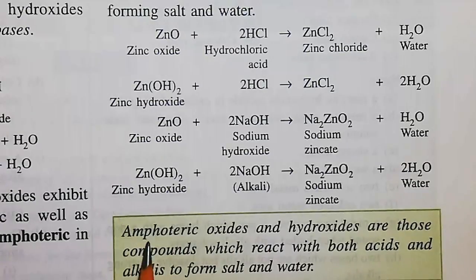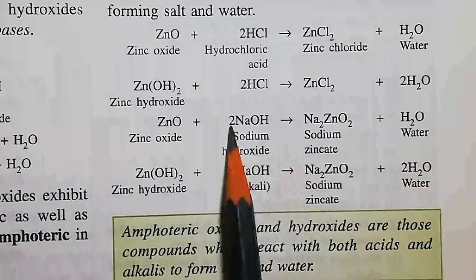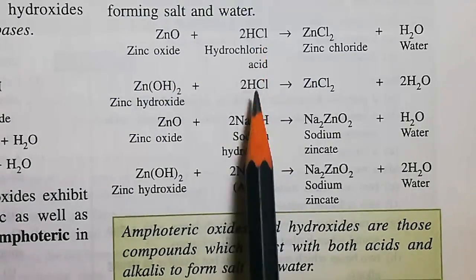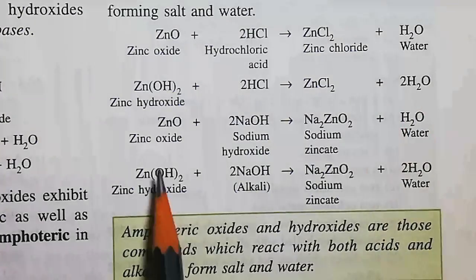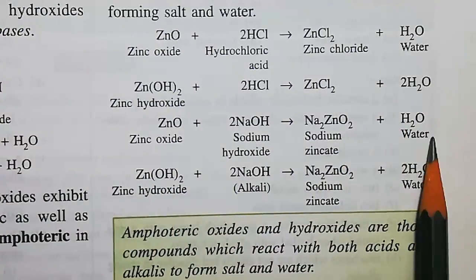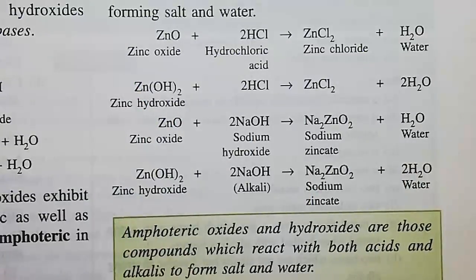Okay, so that is the definition of amphoteric oxide. Zinc oxide and lead oxide are amphoteric oxides. Zinc oxide and hydroxide react with acid to form salt plus water, and similarly they react with alkali to form salt and water. And that's why zinc oxide is called an amphoteric oxide.